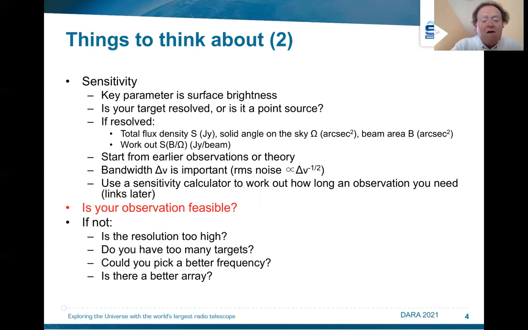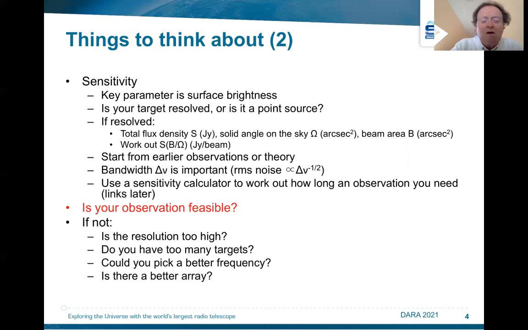Once you use that calculator, you should know whether the observation is approximately feasible. So hopefully it comes out in a sensible time, minutes to hours, and not days or even years, which is more time than you would get in a typical proposal.